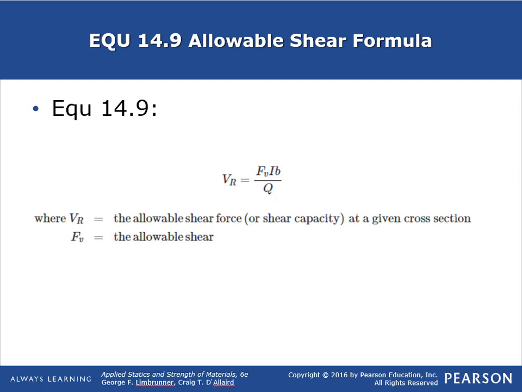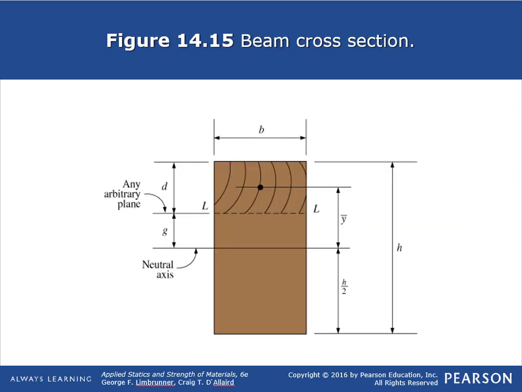Let's talk about the statical moment again. Okay, so this cartoon shows up in your textbook. In this particular case, what we're trying to do is find the statical moment about this arbitrary plane G. Okay, so we have a neutral axis right here. And remember I said the statical moment is the area times Y bar. So in this case, we're trying to find the shear stress at this arbitrary plane shown right here.